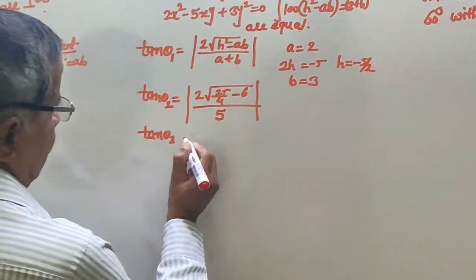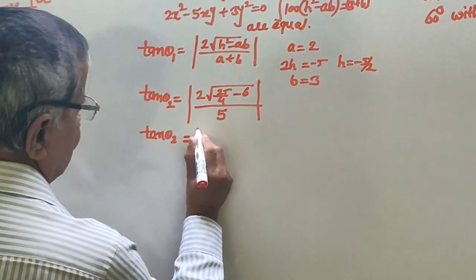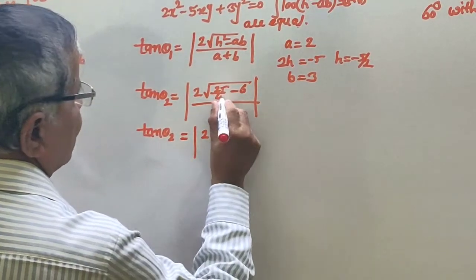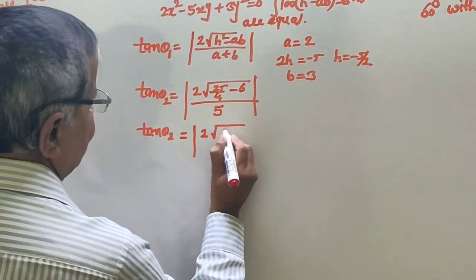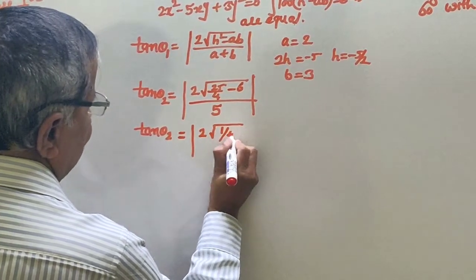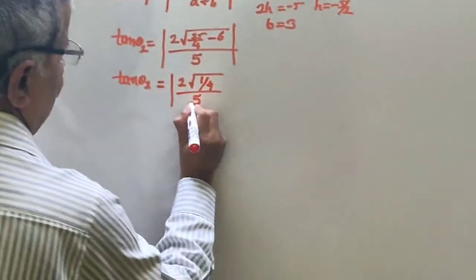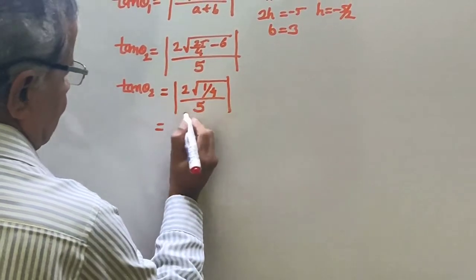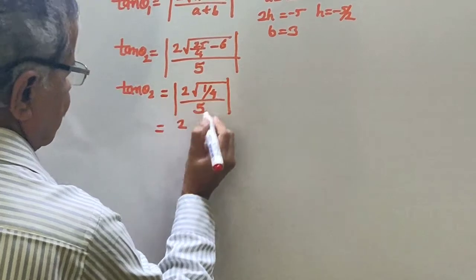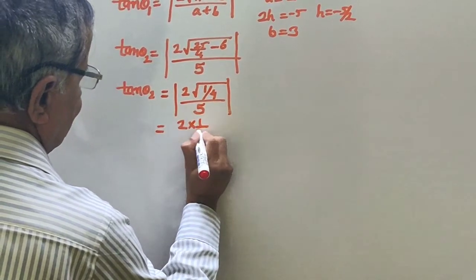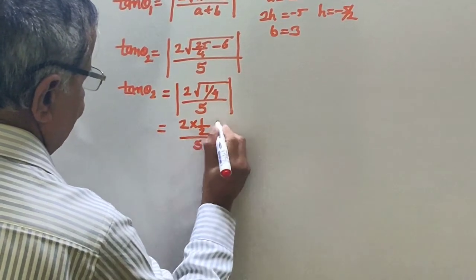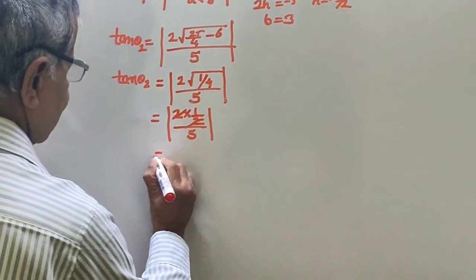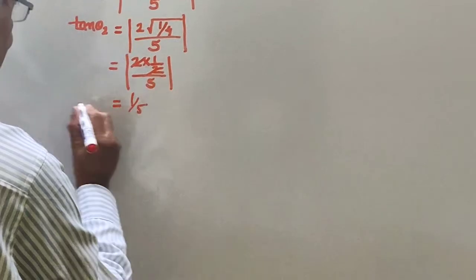Now by taking the LCM, 6 4s are 24, 25 minus 24 is 1, so 1 by 4 under root, upon 5. Now what will come here? 2 into 1 by 2 upon 5 will come here. Now this 2 will get cancelled with this 2, so tan theta 2 is 1 by 5.